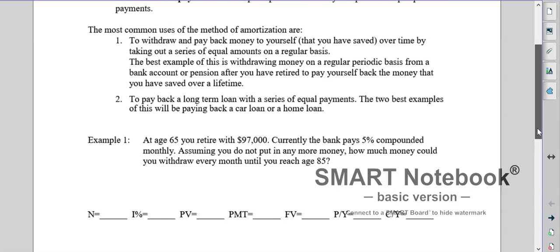And what you'll see is, it's kind of scary, especially on a home loan. Let's say you're paying $1,000 a month for your home. You'll be paying, like, $950 the first month to interest and $50 to principal. Then it slowly decreases on the interest and increases on the principal.